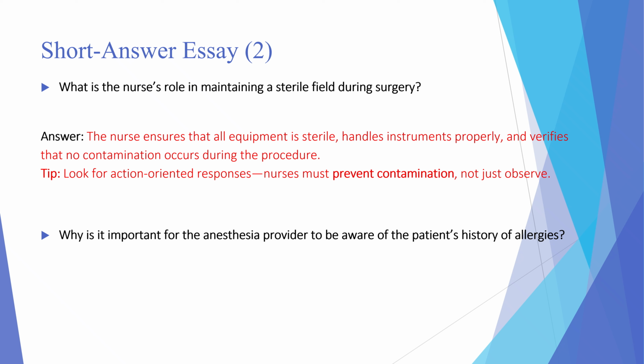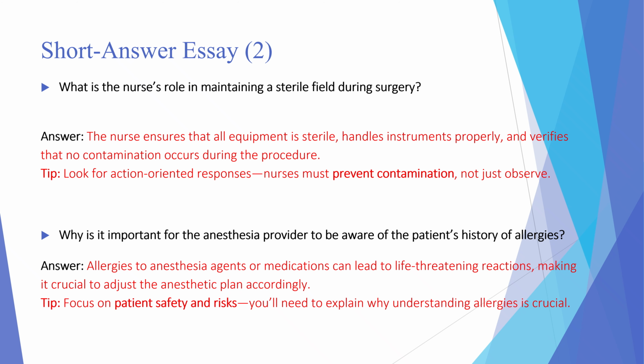And the next, why is it important for the anesthesia provider to be aware of the patient's history of allergies? Allergies to anesthesia agents or medication can lead to life-threatening reactions, making it crucial to adjust the anesthetic plan accordingly.